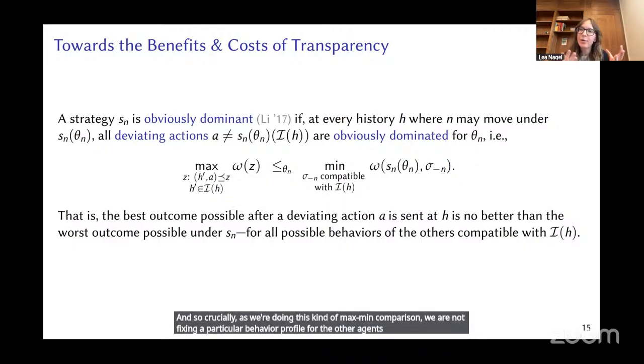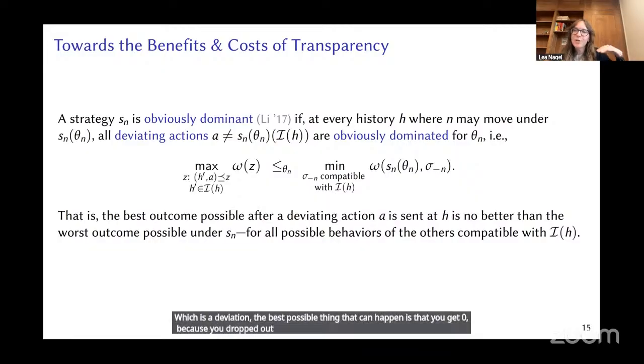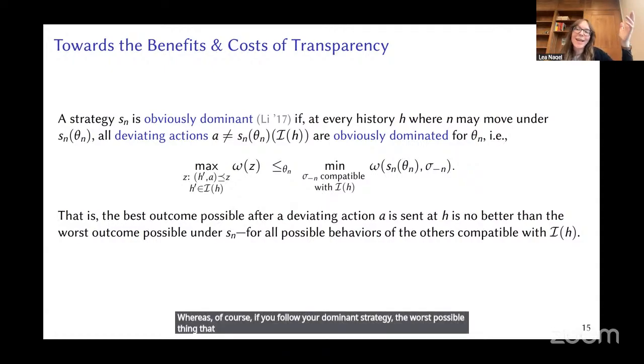Okay, so a key example of an obviously dominant mechanism is an ascending clock auction, where suppose the price is below your value. If you drop out, which is a deviation, the best possible thing that can happen is that you get 0 because you dropped out. Whereas, of course, if you follow your dominant strategy, the worst possible thing that can happen is, again, that you don't get the item because others outbid you. And so this inequality is going to be satisfied.